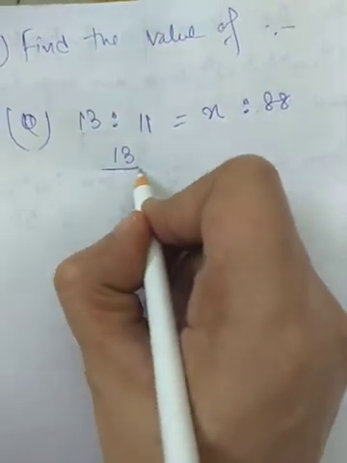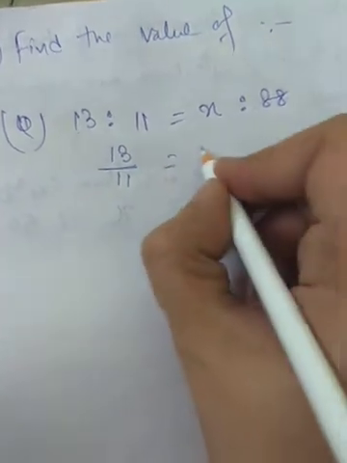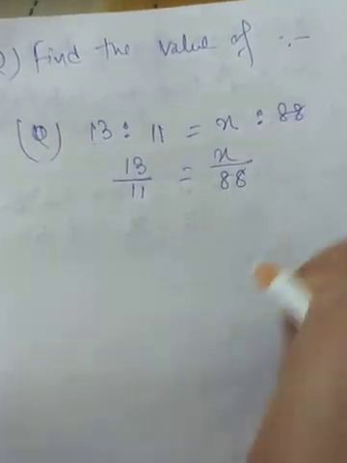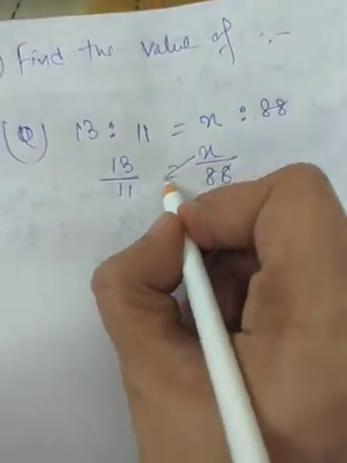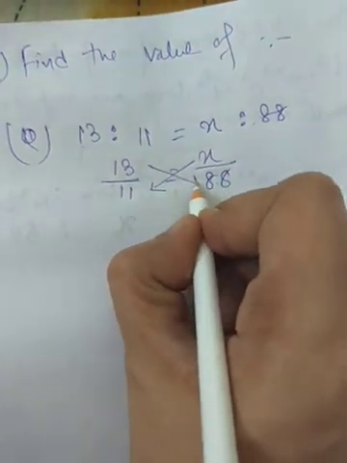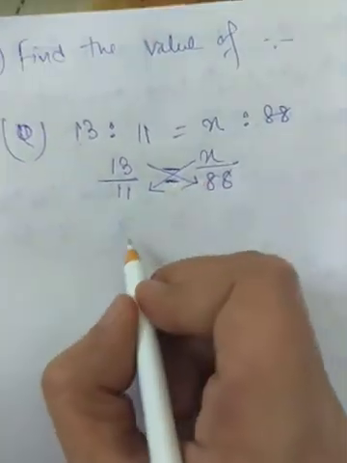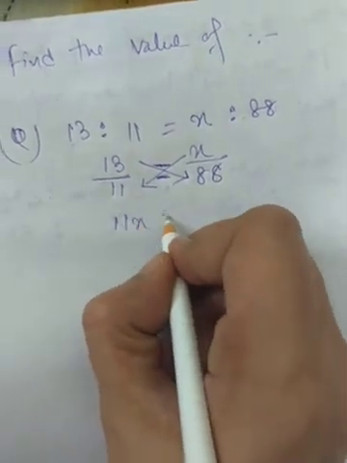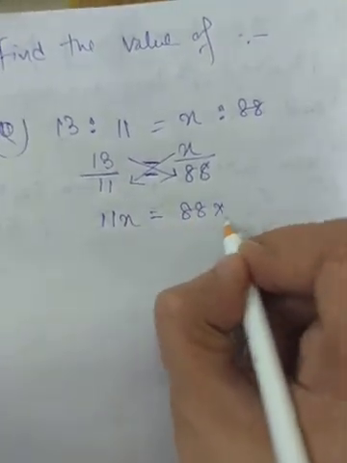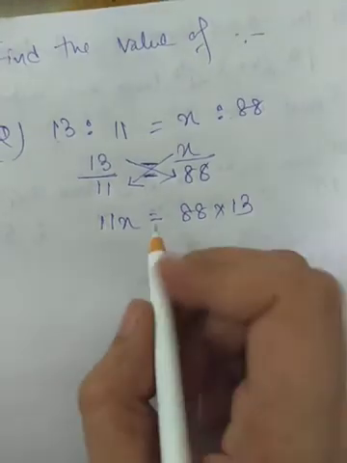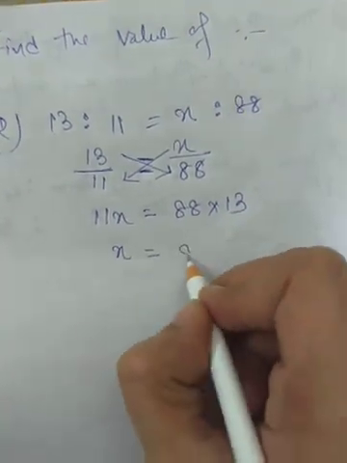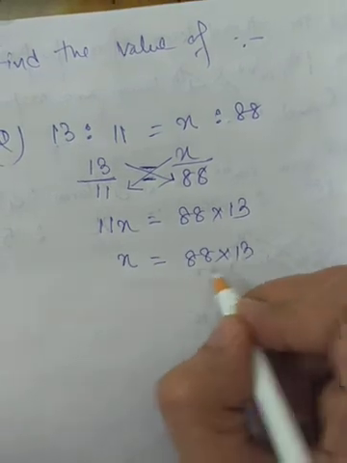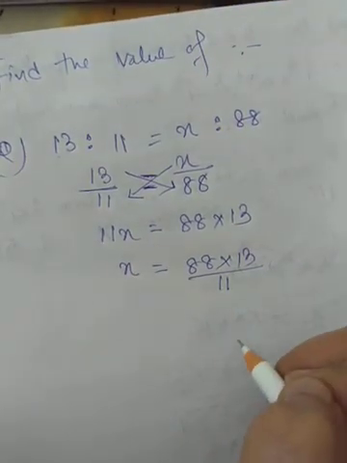So it will be 13 divided by 11 and x divided by 88. Now after doing cross multiplication, let us see. So it will be 11x is equal to 88 into 13 or x is equal to 88 into 13 by 11.